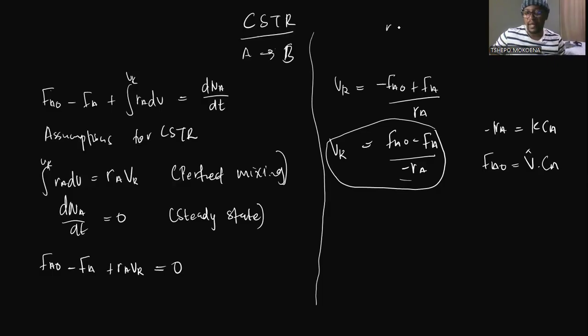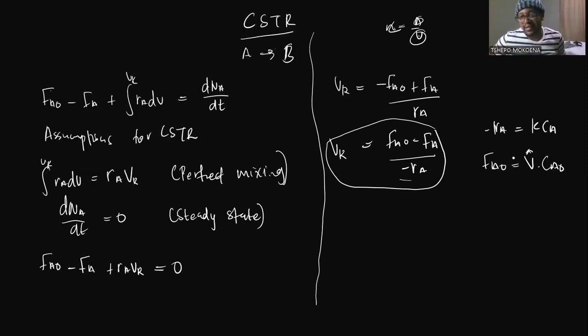So remember, C is equal to N over V. So if you want to make the number of moles the subject of the formula, we have to multiply C and V. Like I said, this is the molar flow rate, and this will be the volumetric flow rate. So it's important to denote that this is just a V with a cap on the top, which indicates flow rate, as we have learned from the fundamentals, right? So this is how we can also introduce our concentration, right?